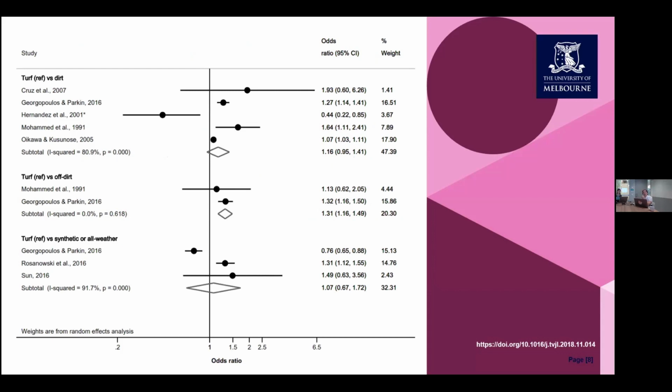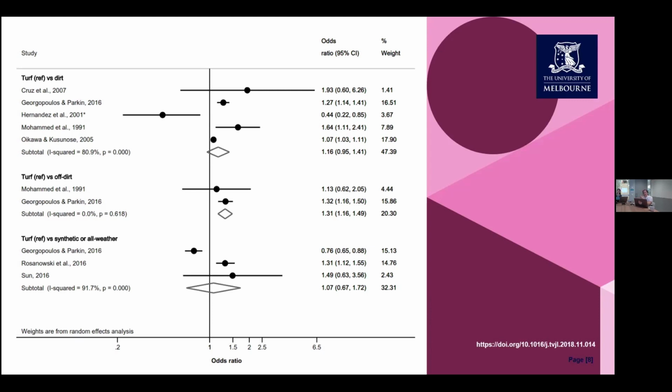Those that fall to the right of the line mean that it was higher risk, and those that fall to the left of the line mean that they were lower risk. When comparing turf track surfaces versus dirt track surfaces, most of them fall to the right-hand side, meaning that dirt surfaces were found to be more significantly associated with catastrophic musculoskeletal injury. But there was a study and some studies that weren't found to be significant.